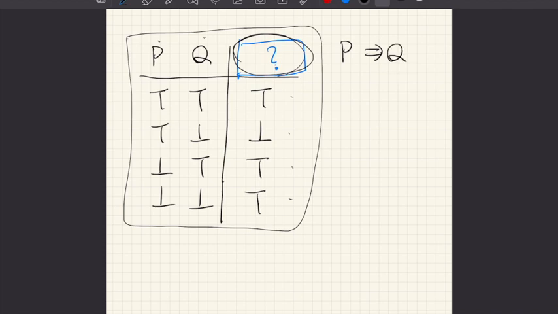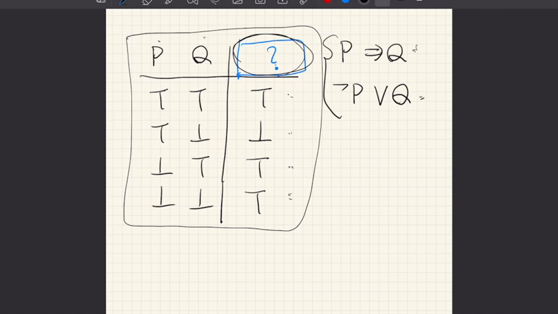But before, we have also seen that this truth table is obtained by not P or Q. So these two logical expressions or propositions have the same truth tables.